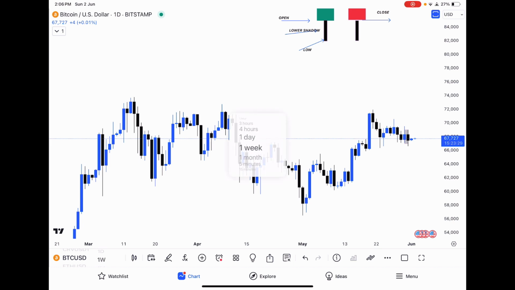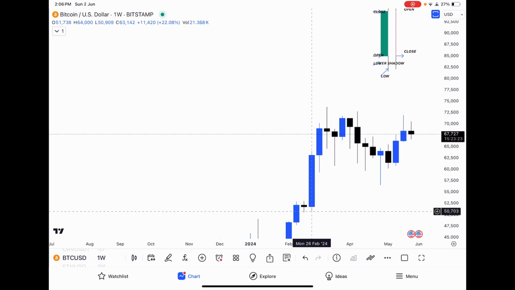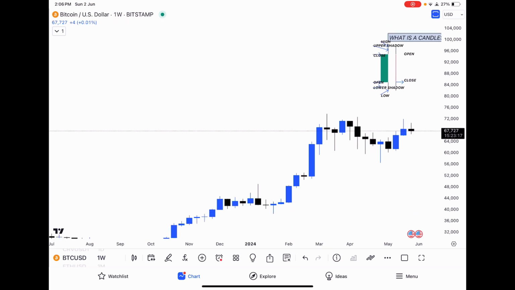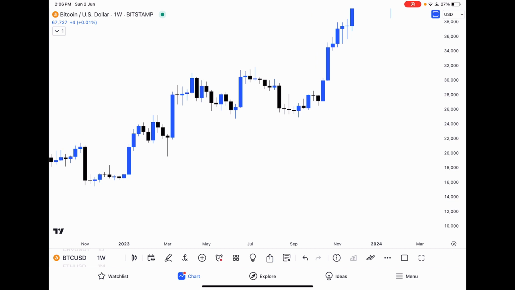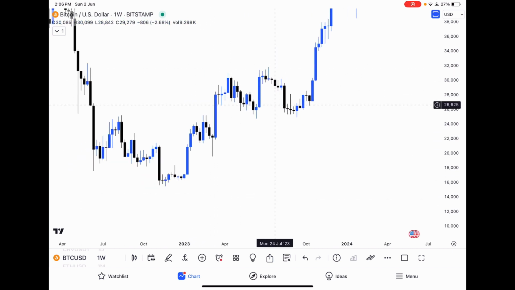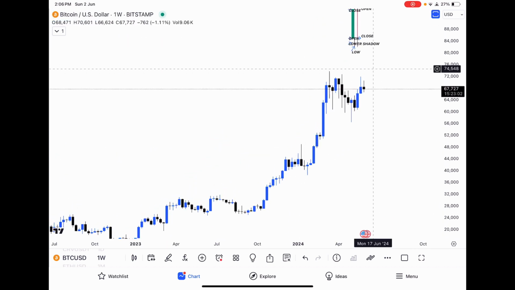If we go to a weekly time frame, one candle represents a week's move. Here the price opened lower, went and made a high, and then closed a little lower than the high. Here you can see price is definitely in a bullish trend and made a most bullish candle, but still price went all the way, making another high, which is 73,588.